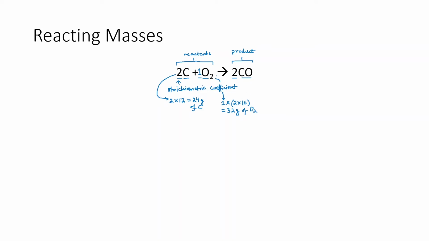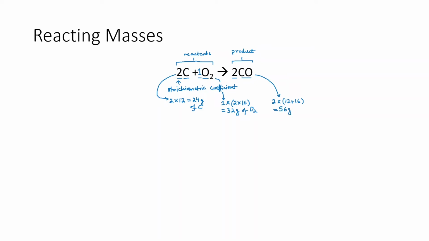And then we have the product, carbon monoxide. We have 2 moles of this, right? So 2 moles will be multiplied by the molecular mass of carbon monoxide. So molecular mass is basically the sum of the ARs of the elements within the formula of that molecule. So this is going to be 12 plus 16, and that will give me 56 grams.